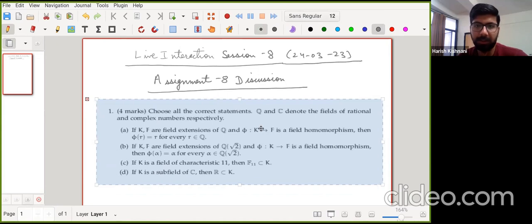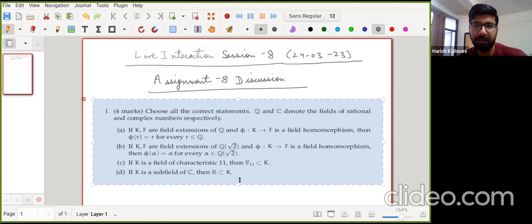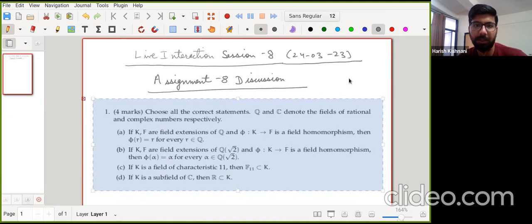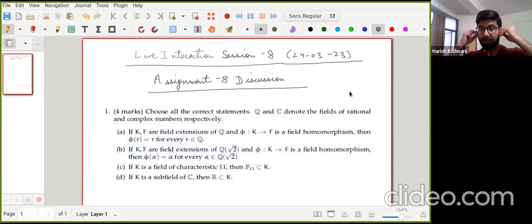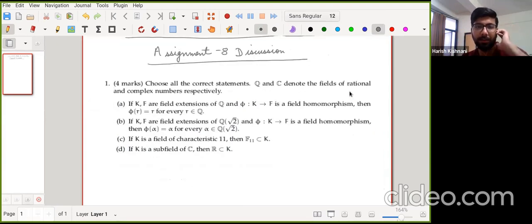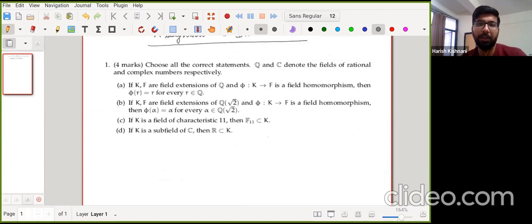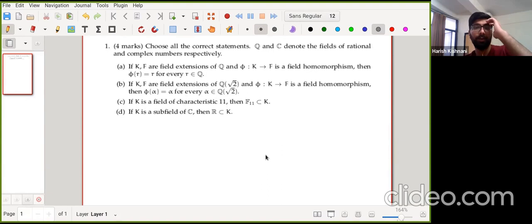Q and C, in the usual notations, denote the field of rational numbers and the field of complex numbers. The first option says if K and F are field extensions of Q and phi from K to F is a field homomorphism, then phi of r is equal to r for every r in Q. So for any field extension of Q, if you have a field homomorphism, then it will fix each and every element of Q.